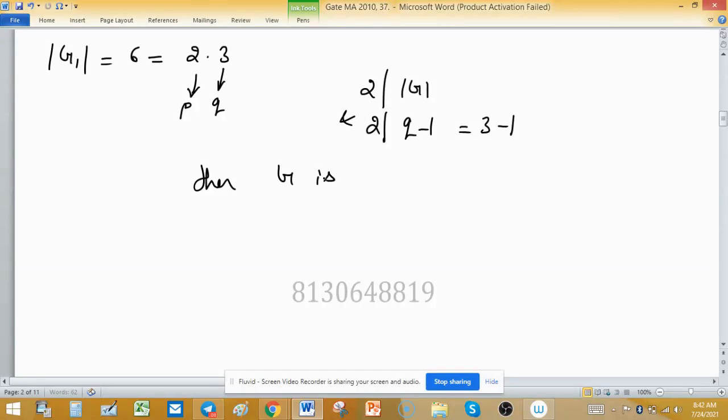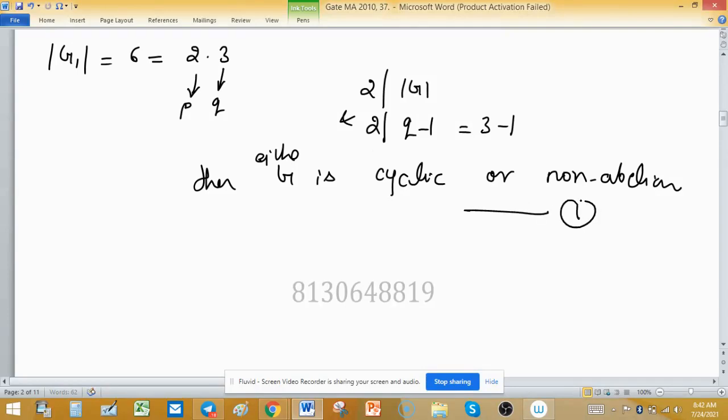Then G is either cyclic or non-abelian, as said with the help of fact 1.